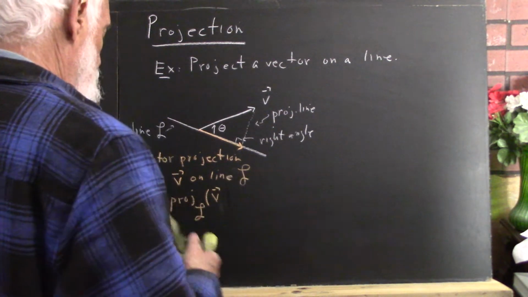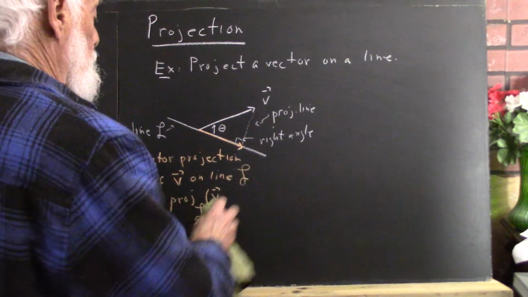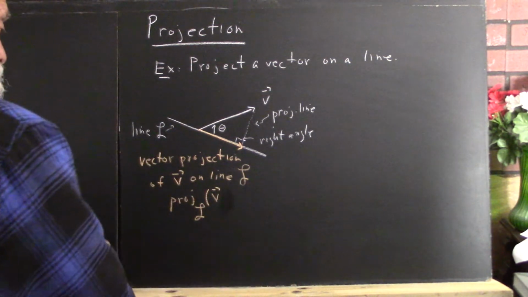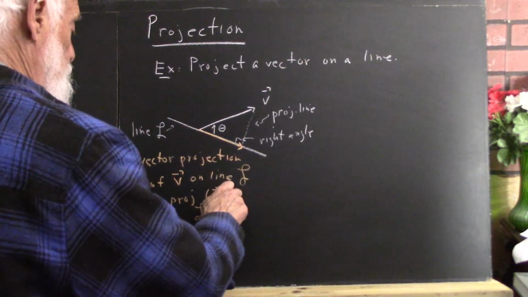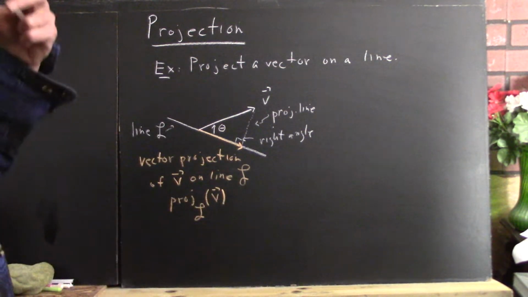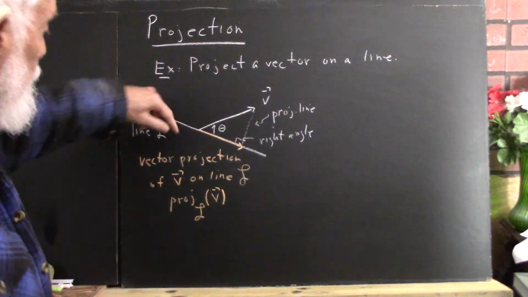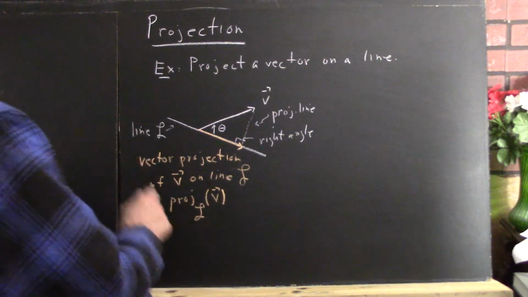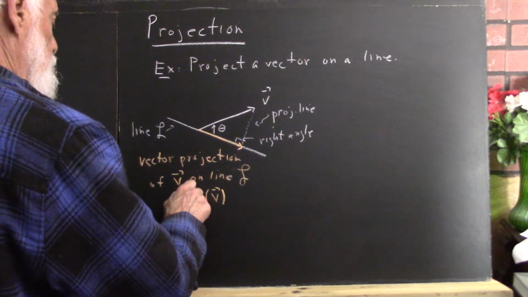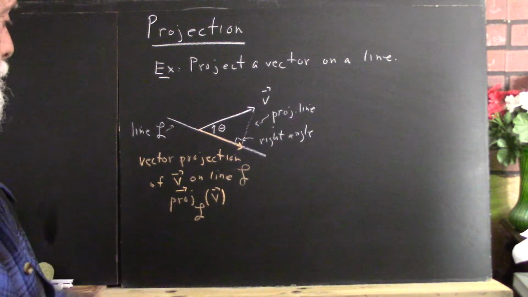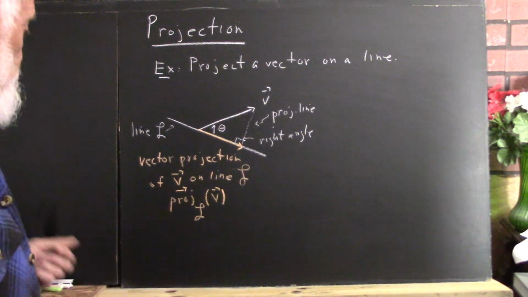We use absolute value signs for magnitudes, and I'm a little bit used to writing magnitudes, so I started off with a parenthesis, ended up with something like the outside of an absolute value sign. Anyhow, that's projection onto L of V, and it's a vector projection, so we put an arrow over the abbreviation PROJ for projection.